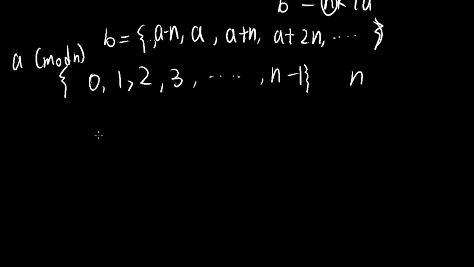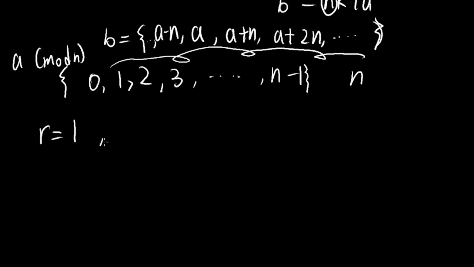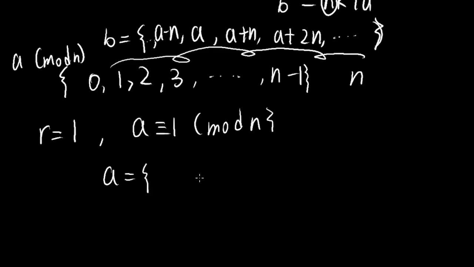As we've mentioned, we get an infinite set similar to this one. For example, if the remainder is 1, we get an infinite set which fulfills this equation, and the set is 1, 1 plus n, 1 plus 2n, and so on.